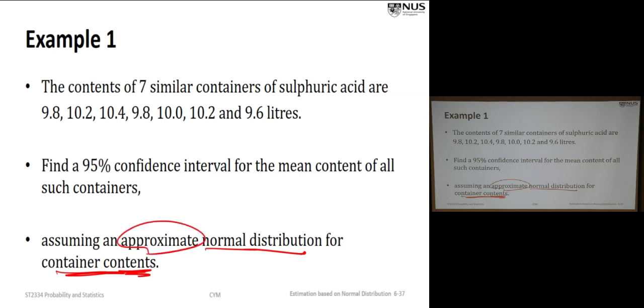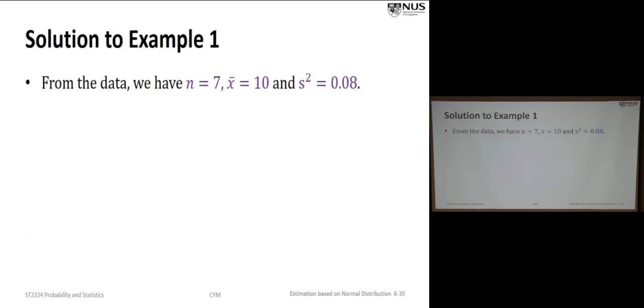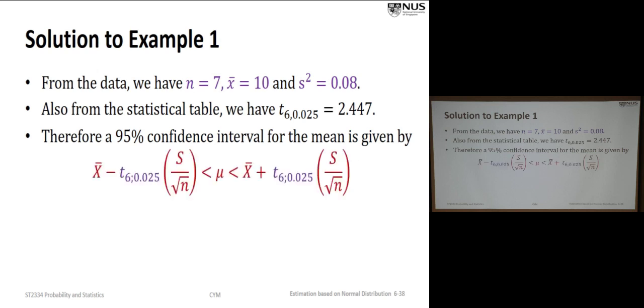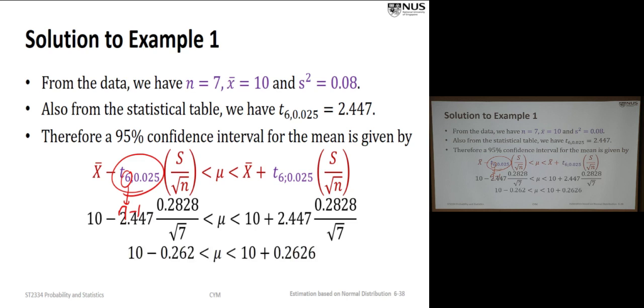Approximate normal, then we just treat it as normal and then proceed. All right. So in this case, we need to have t with n minus 1. This is n minus 1, 7 minus 1. All right. So we'll compute it, and here is the interval. So mu is between 9.738 and 10.262.